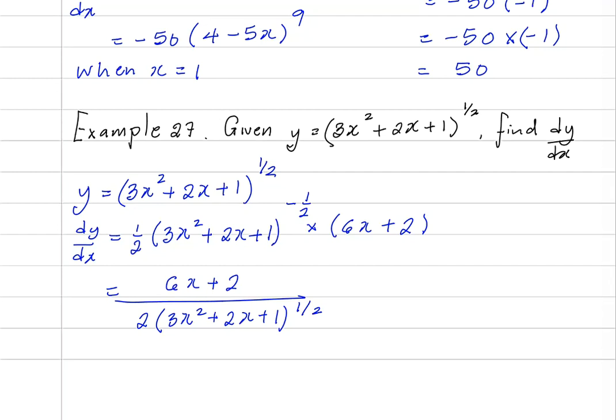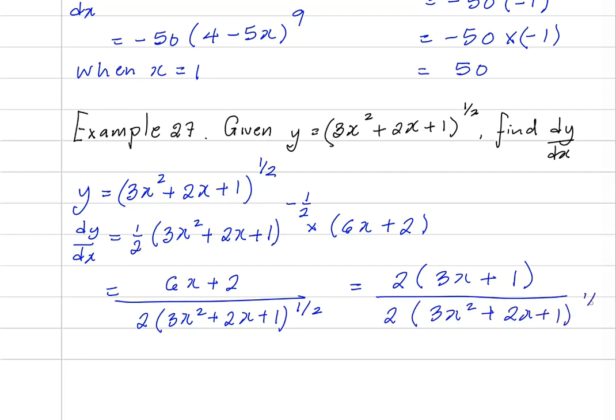Alright, so at the top, factor out the 2, you get 2 times 3x plus 1, over 2 into 3x squared plus 2x plus 1 raised to the power a half. This 2 cancels this 2.